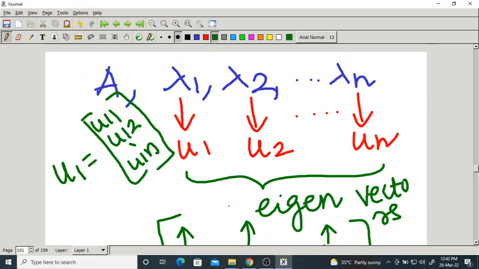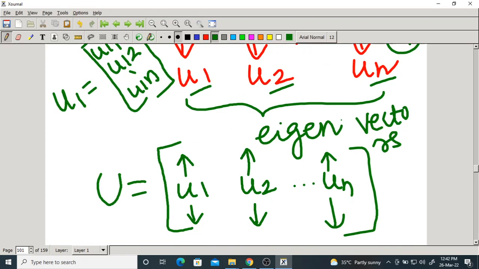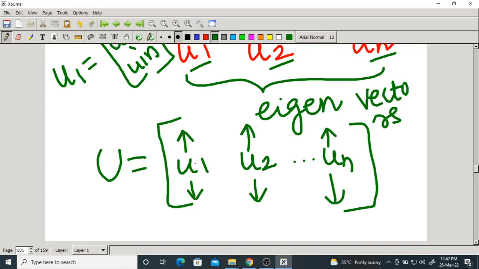So U1, U2 are not elements, they are n-dimensional vectors. And the matrix U has eigenvectors as its columns.